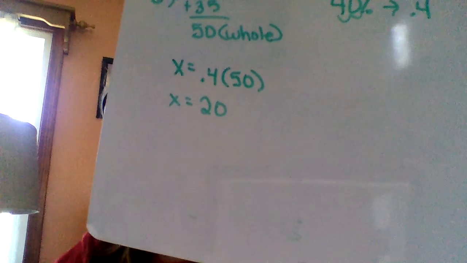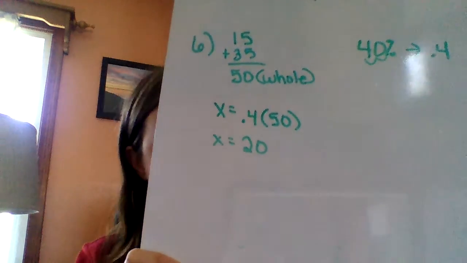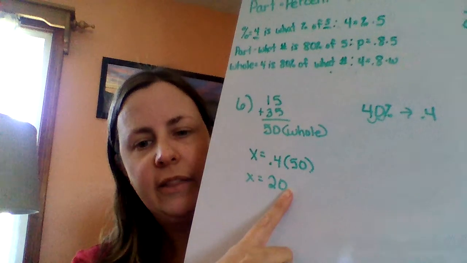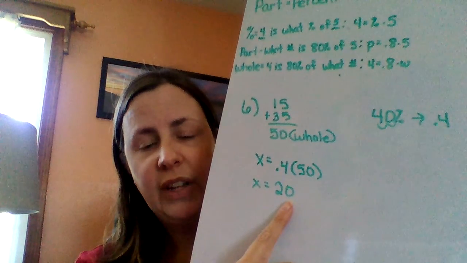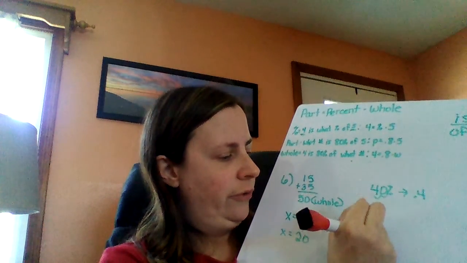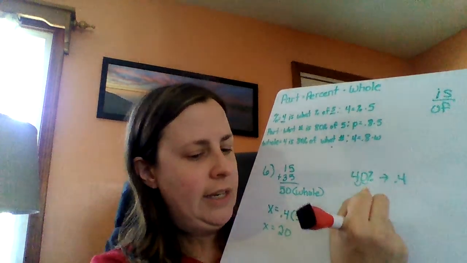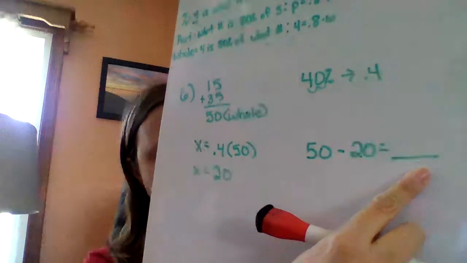However, I'm not done. That's not my answer. This is how many do take the bus. In order to finish it, I need to do 50, because there were 50 total, and subtract the ones that do take the bus. That is going to get my answer for how many do not take the bus.